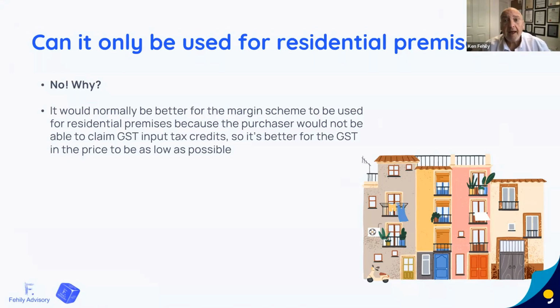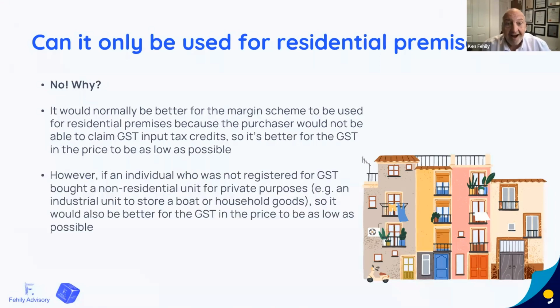What if I want to buy a non-residential unit to store my collection of bikes? What if I want to buy a block of land that's not residential premises to have my kids' ponies on? I can use the margin scheme for any real property. It doesn't just have to be for residential premises.